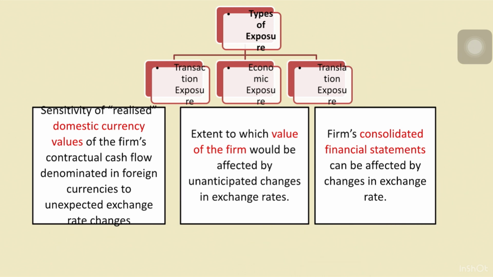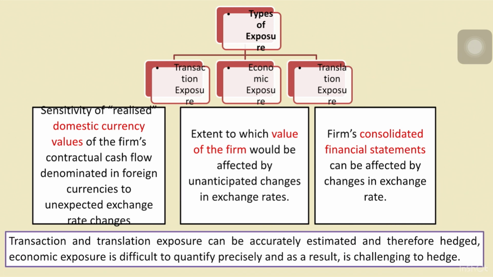I hope this is clear to you guys. Transaction and translation exposure can be measured and estimated, therefore they can be managed or hedged properly, whereas economic exposure is difficult to quantify and hence very challenging to hedge or manage. Clear?